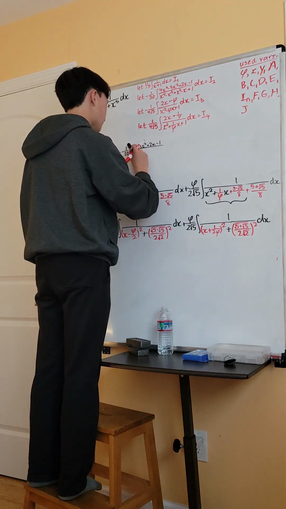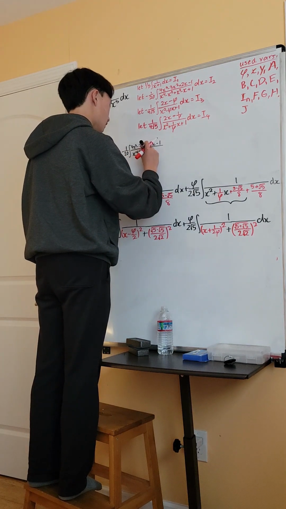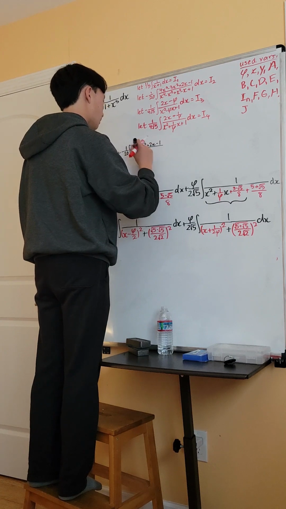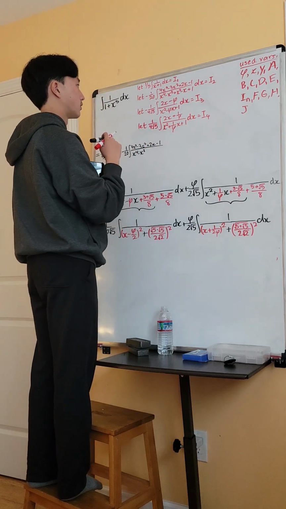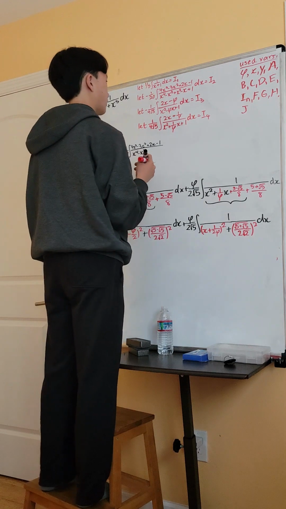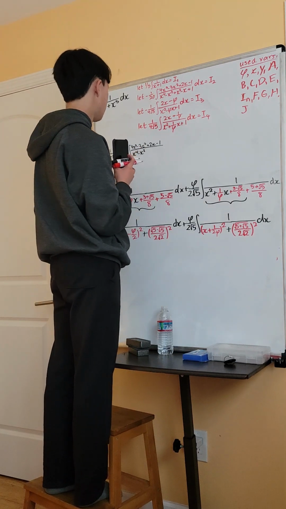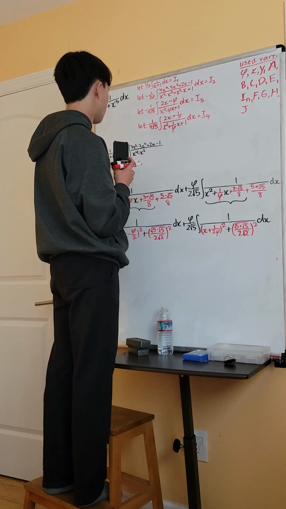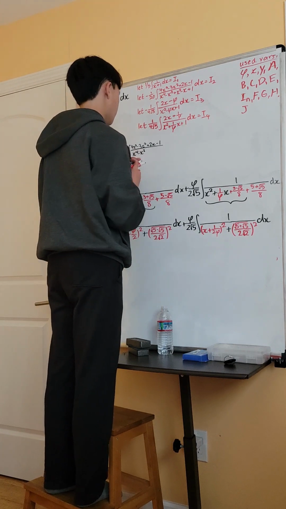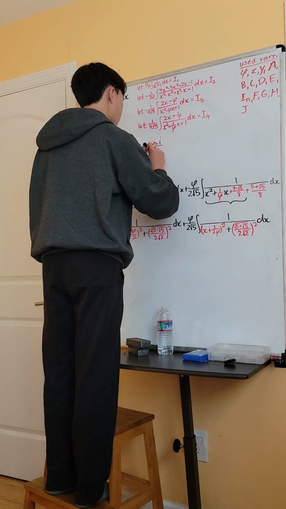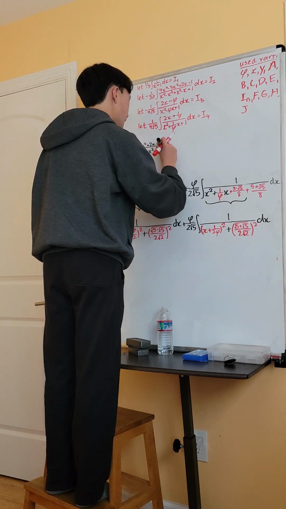Then the bottom is x to the 4th minus x cubed. Wait, minus x cubed. Yeah, that makes sense actually. Does it? Yeah, it does. I'm thinking about this wrong. Plus x squared minus x plus 1 dx.